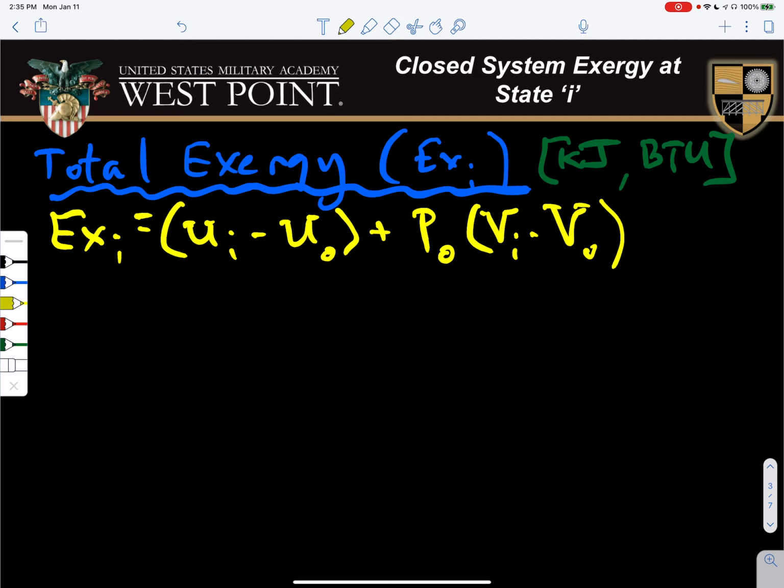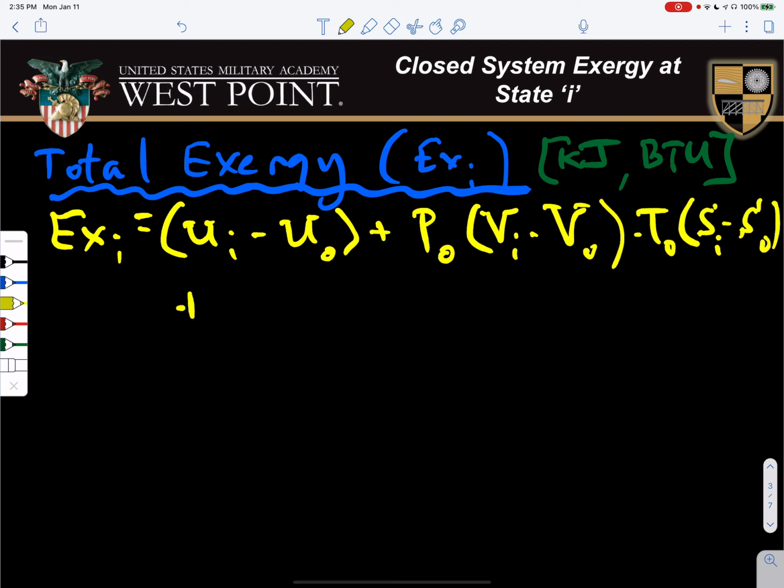Now, that's a moving boundary work term, and so if it's positive, then the heat transfer term has got to be negative. We know the heat transfer term is going to scale with our temperature, T naught, of the dead state, and then the difference in entropy between the dead state and our state of interest.